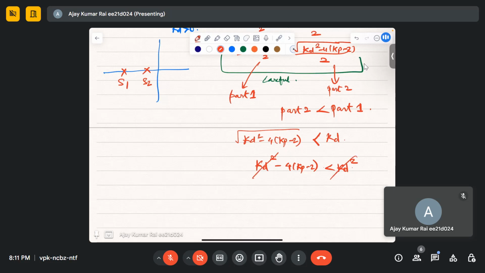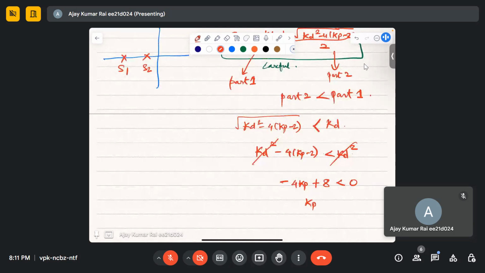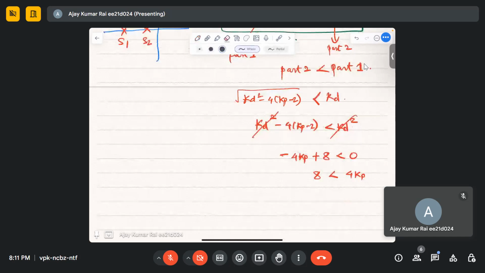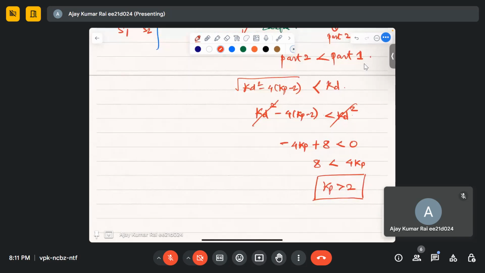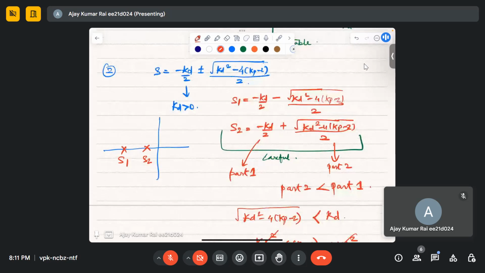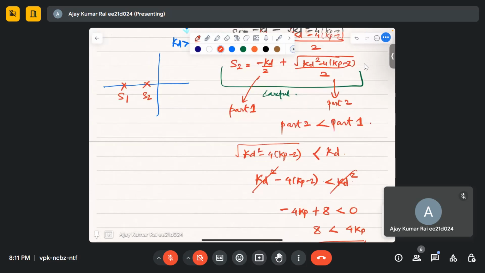I think the KD square will get cancelled, and we can say KP is greater than 2 here. So if KP is greater than 2, it will be a situation like this. Then also the system is stable, right?